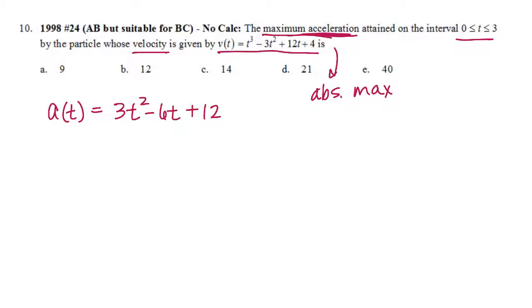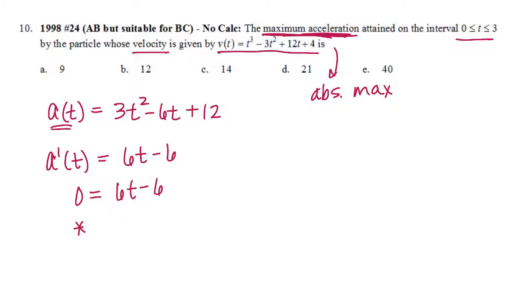Now we need to go ahead and do another derivative here, because if I'm looking for the absolute max, then I need to test the critical points for the acceleration. So I'm going to look at a prime at t, and that's going to give me 6t minus 6. I'm going to set that equal to 0. And what I'm finding here, just a reminder, I'm finding the critical point for acceleration.